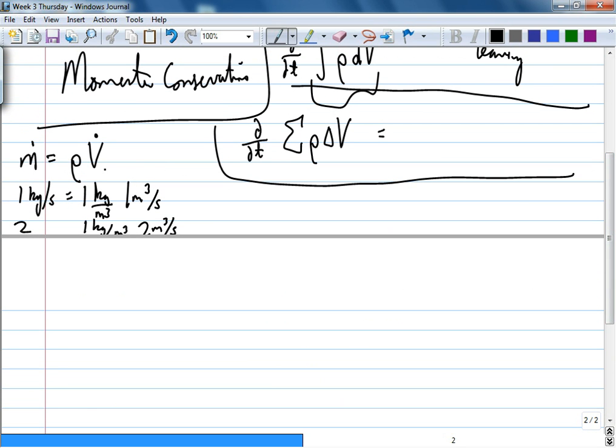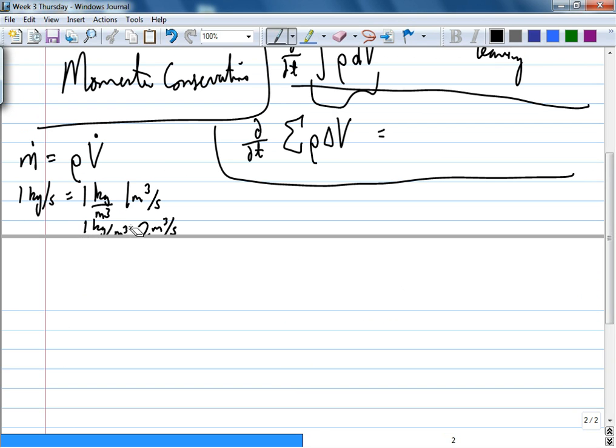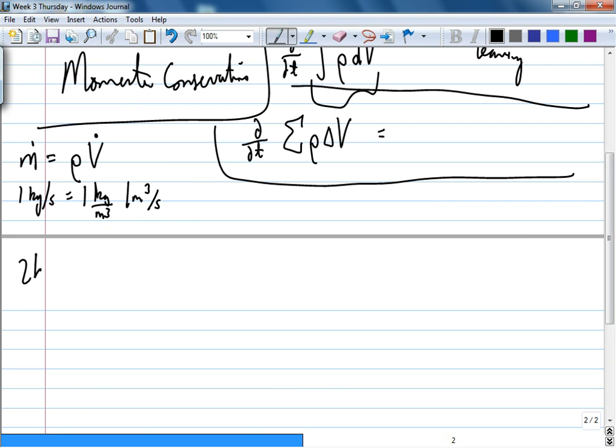Now this is the volumetric flow rate, right here, because we ran out of space. If I want 2 kilograms per second entering, and the density is still the same, then I need 2 meter cube per second entering.